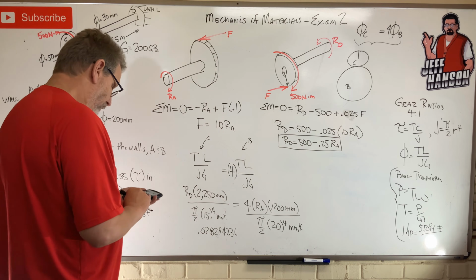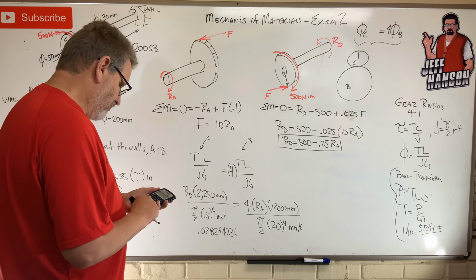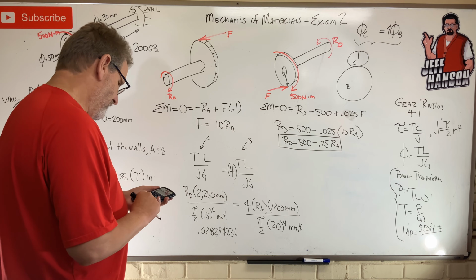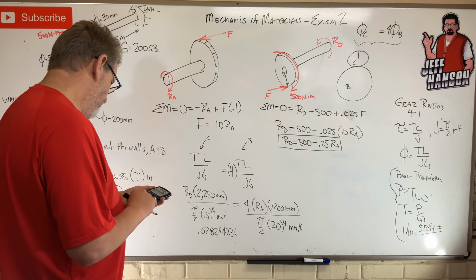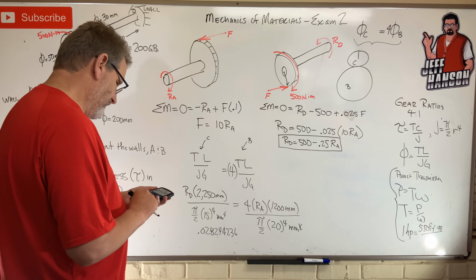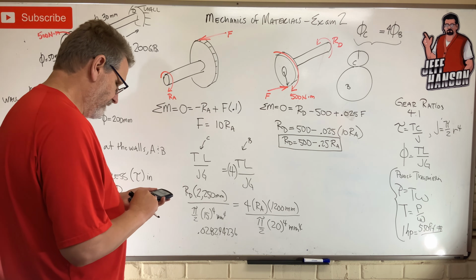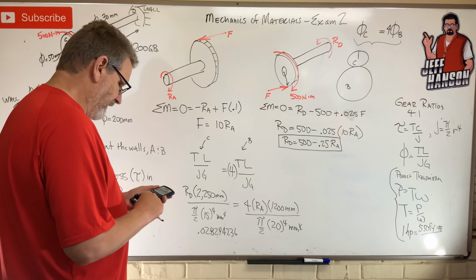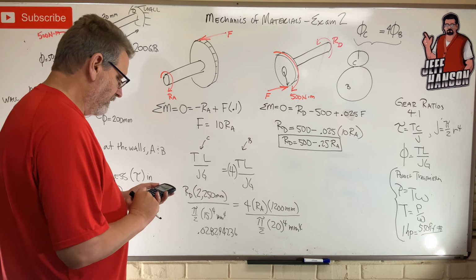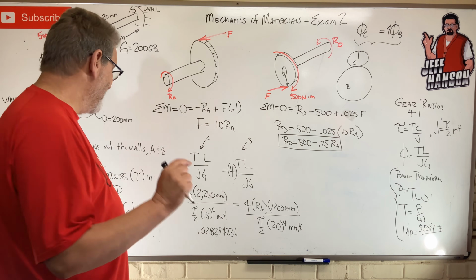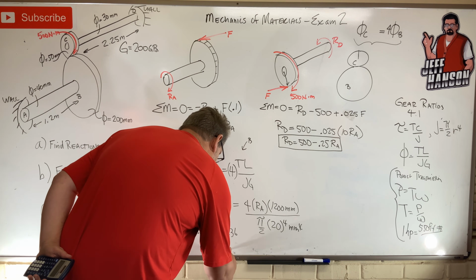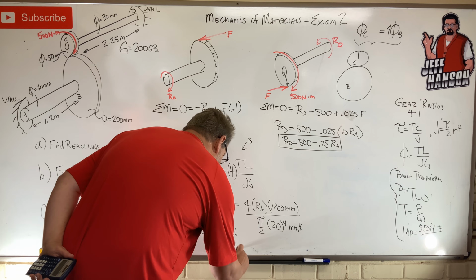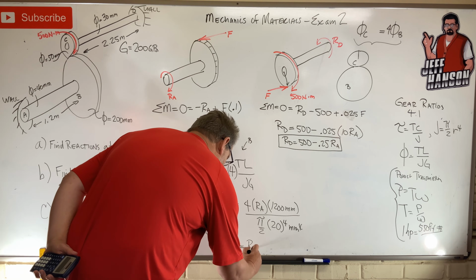So 0.028294236 divided by 0.019, the answer is 1.48. So that whole thing boils down to 1.48 RD equals RA.